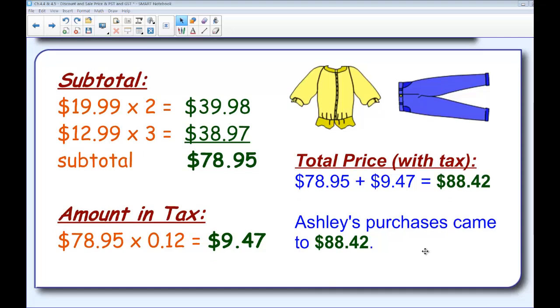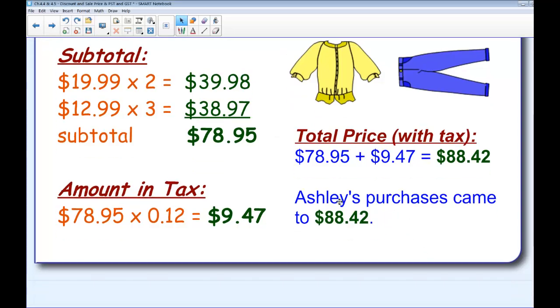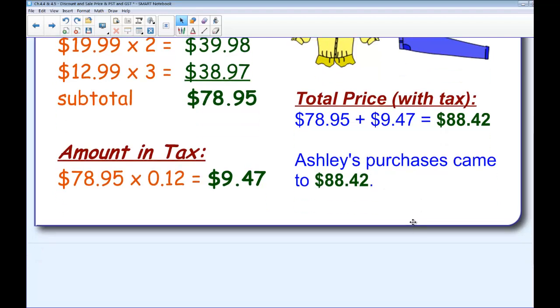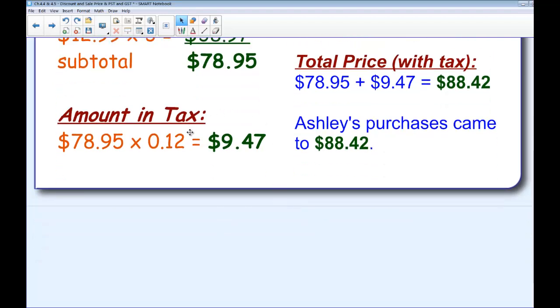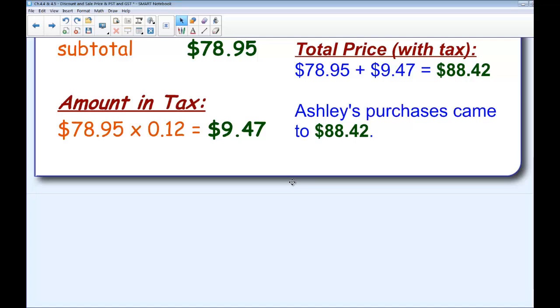Now there's also an alternate way to calculate this total purchase price, that's this $88.42, without having to calculate the actual amount in tax that we paid if we didn't care for that value. Now all you need to do then is, if we were to take the subtotal, that's $78.95, and we multiplied that by, instead of multiplying by 0.12, we multiply by 1.12.